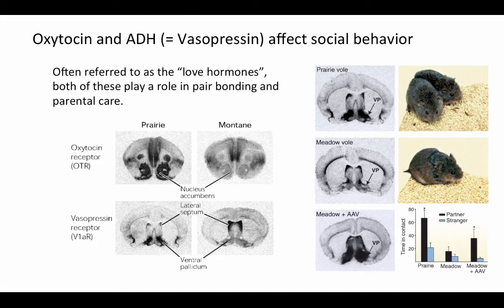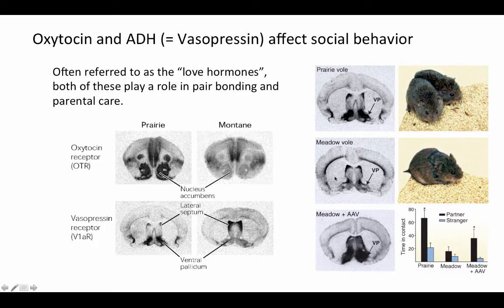Researchers looked at the activity of vasopressin, or ADH, in the brains of these different kinds of voles. And what they found was that there was high vasopressin activity, ADH activity in the prairie voles normally, and very low in the meadow vole.